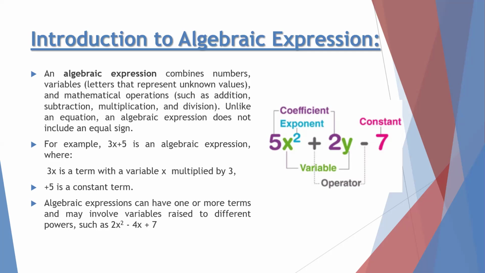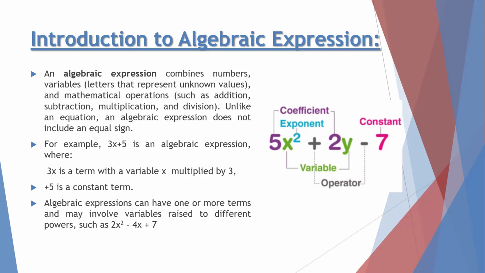Through the example, you can understand that it is a combination of numbers, variables, meaning letters that represent unknown values, and mathematical operations, meaning addition, subtraction, multiplication, and division. But there won't be any equal to sign.